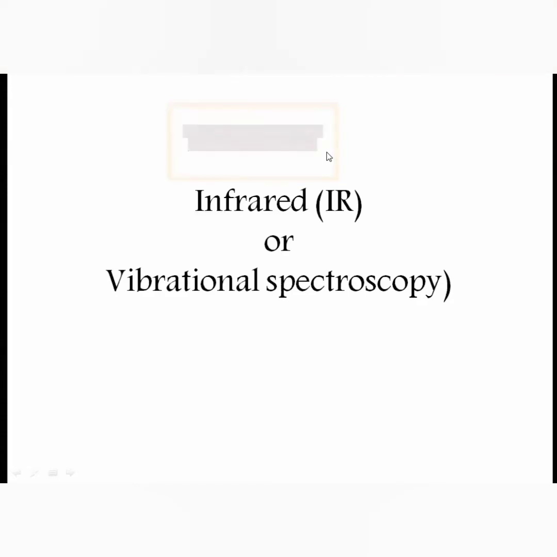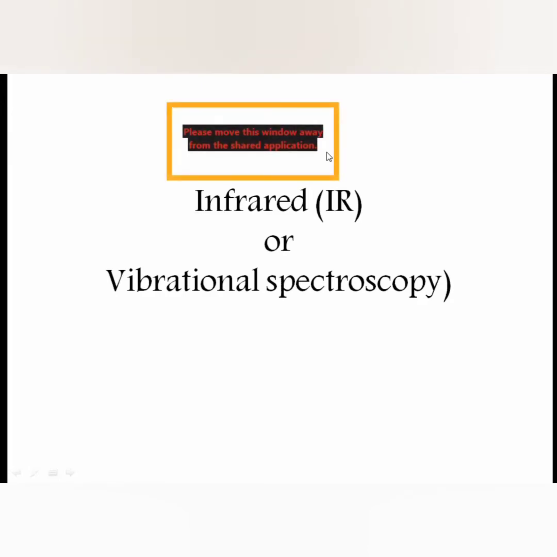We can analyze functional groups like OH, NH2, HCl, CO2, or carbon-carbon stretching, carbon-hydrogen stretching, carbon-carbon bending, carbon-hydrogen bending, stretching and bending bonds present in a particular molecule. That type of spectroscopic technique is known as infrared spectroscopy or vibrational spectroscopy.